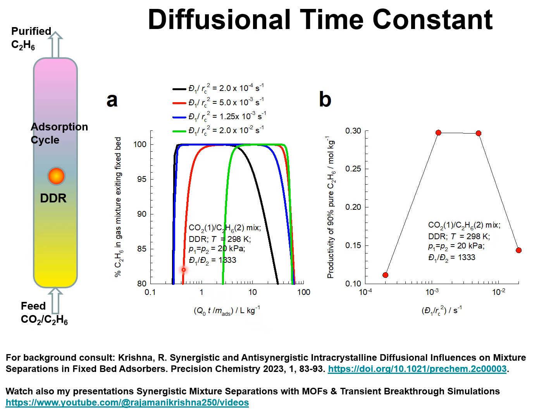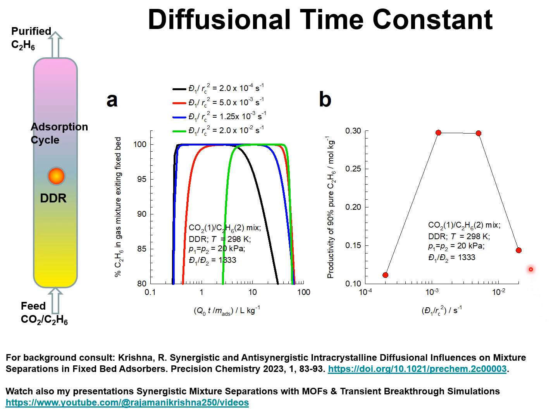Let's assume that the desired purity of the product ethane that is to be recovered in the adsorption cycle needs to be larger than 90%. From a material balance, we can determine the productivity of 90% plus pure ethane and plot this as a function of the diffusional time constant.